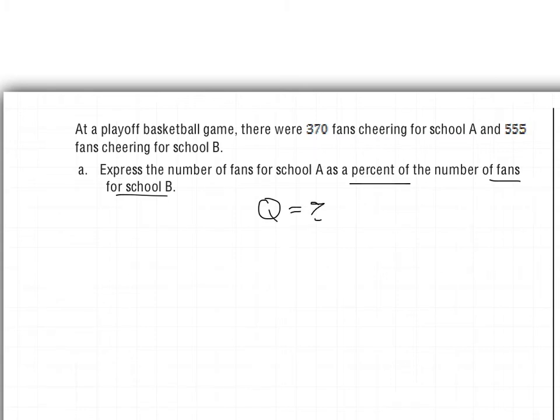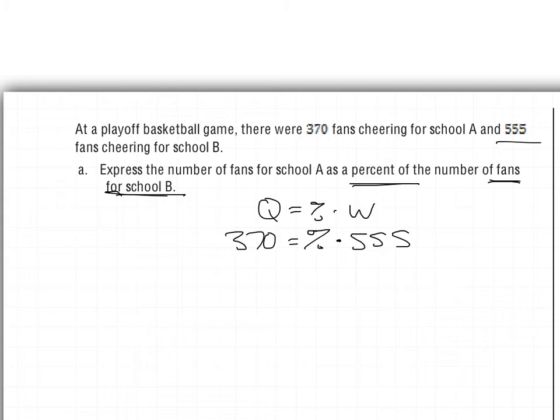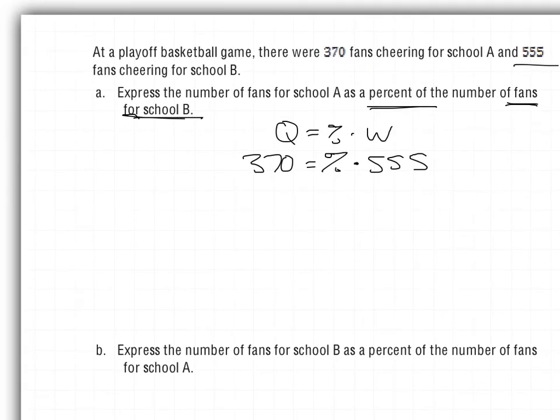Quantity equals percent times whole. School B is going to be our whole, and school B is 555. Our quantity is 370. Divide by 555.